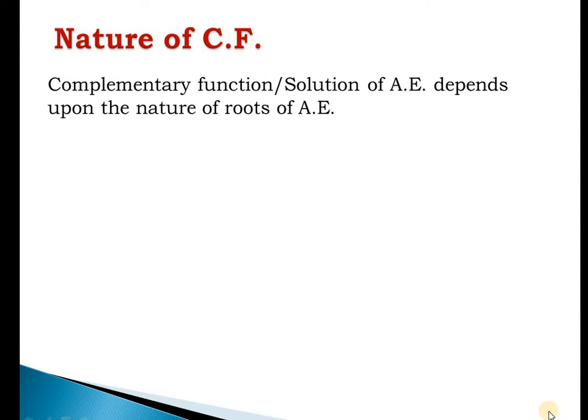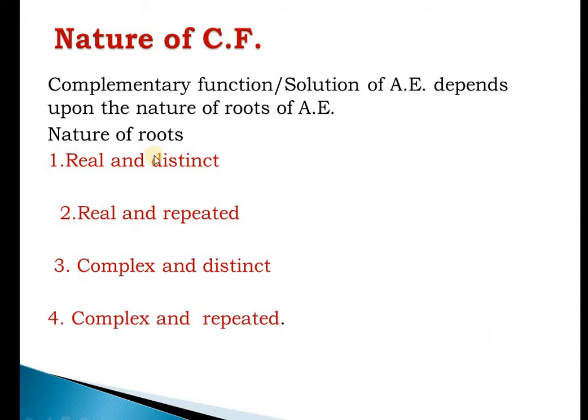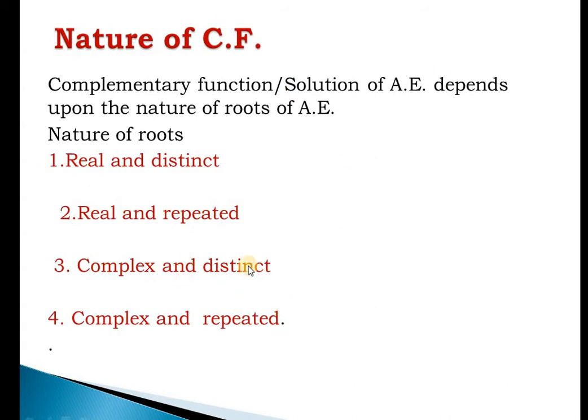Now we see the natures of roots. How many types of roots are there for any polynomial? Normally there are 4 types. First, roots are either real and distinct. Sometimes roots might be real and repeated. Sometimes complex and distinct. Sometimes complex and repeated. For some polynomials, we have a combination of these roots also.